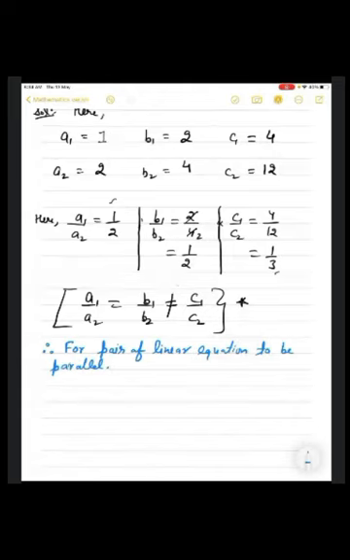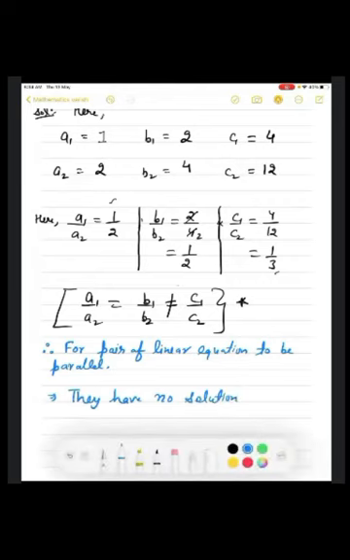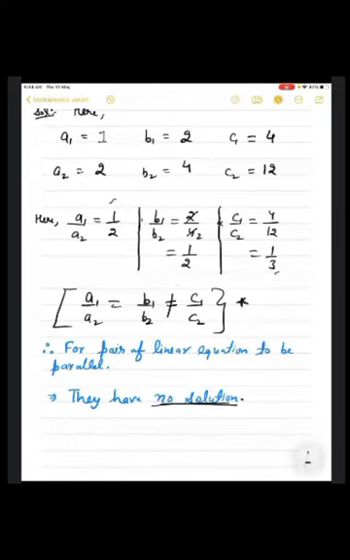They have no solution. So if lines are parallel, there will be no solution. So you have to remember this. You have to keep this in mind. If they are parallel, they have no solution. Agreed, everyone? Got my point? What we are saying here?